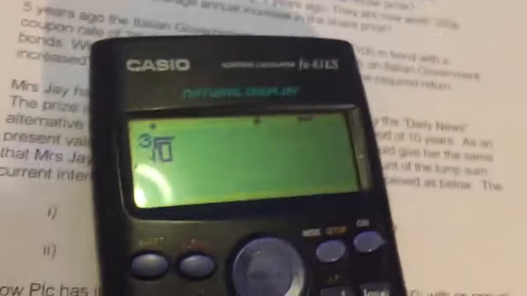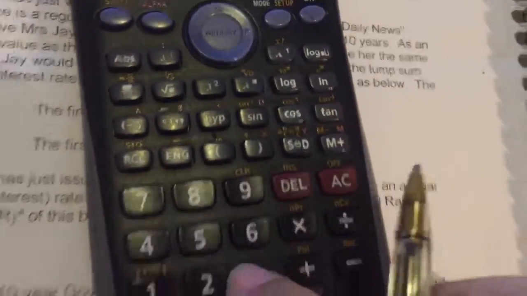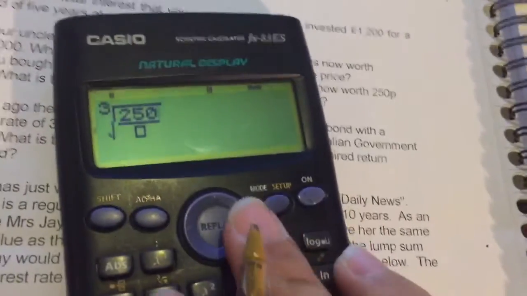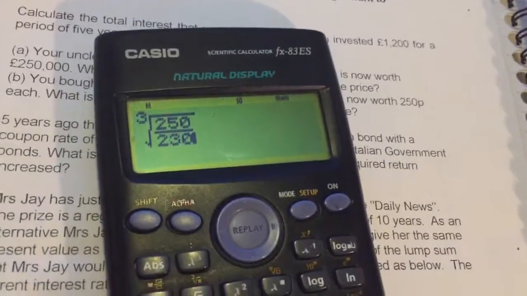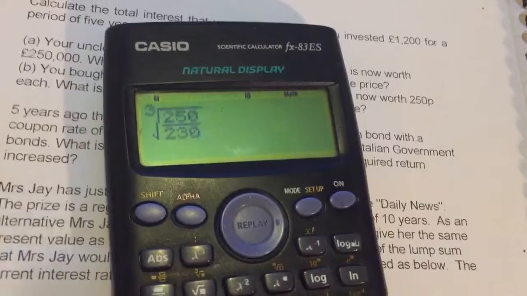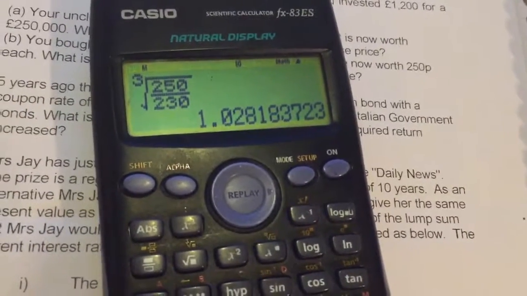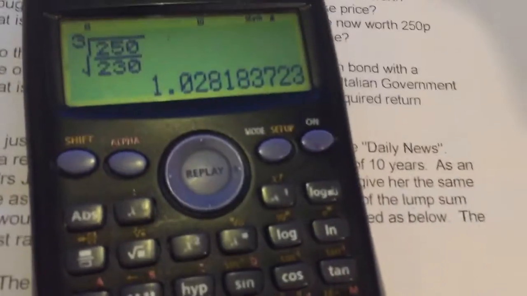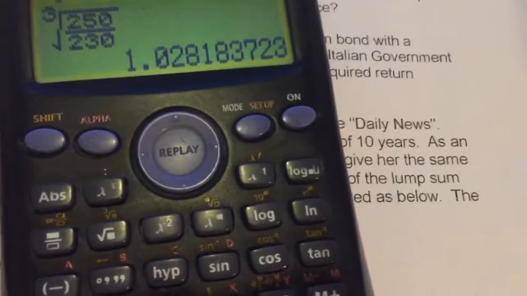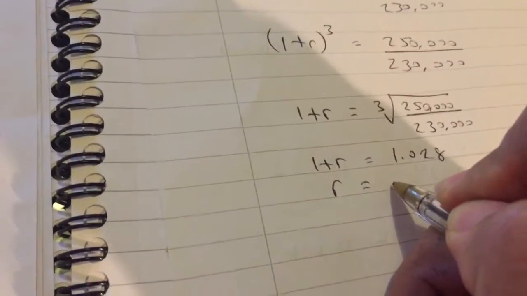Make sure it's a cube root of 250 divided by 230. Same, because 250k over 230k is the same as 250 over 230. Equals 1.028. So 1 plus r equals 1.028.